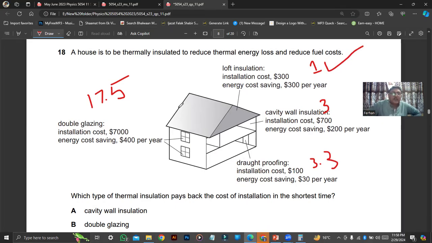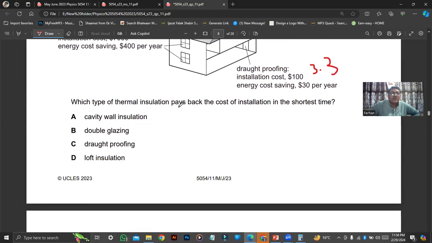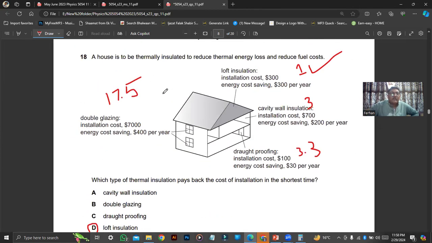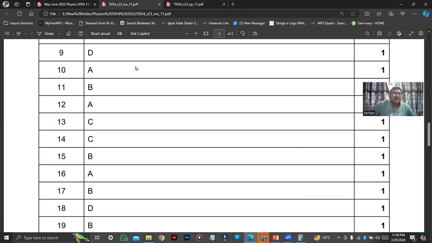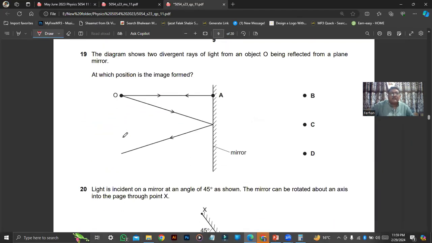And that is the first one, and that is loft insulation. So loft insulation, I think D is the right answer. Here the cost is recovered in the shortest time. Hopefully you understand. Little story type question. D is the right option, sir. So our answer is right.